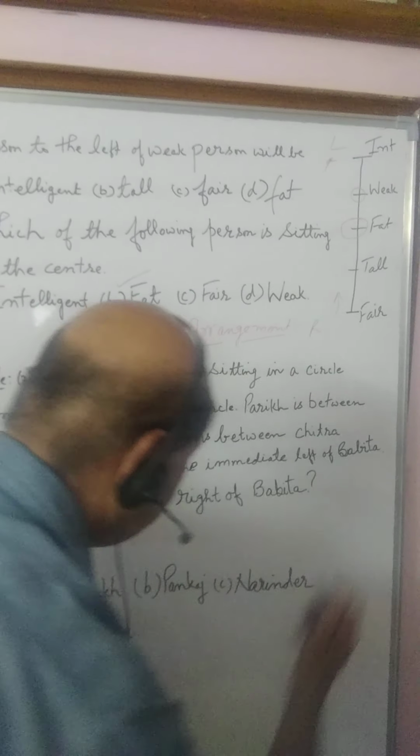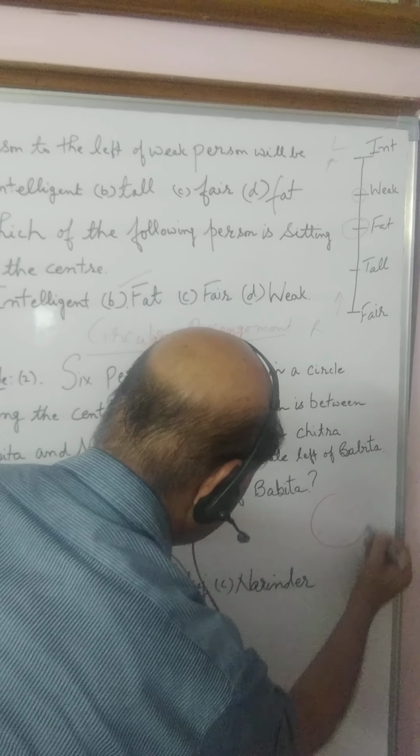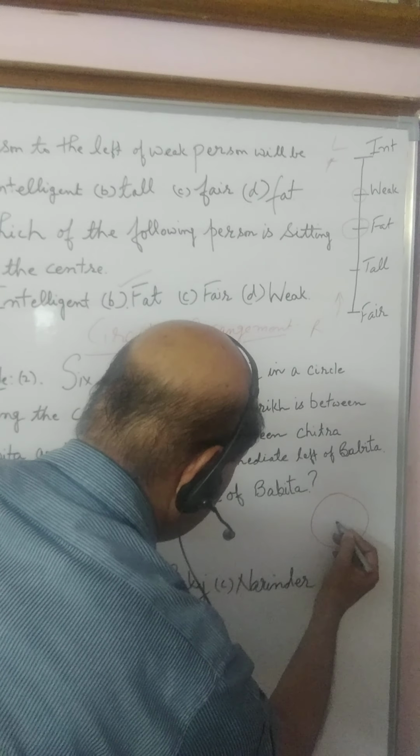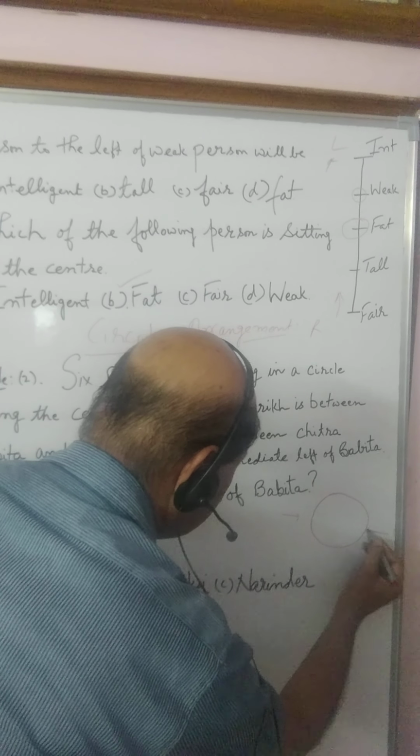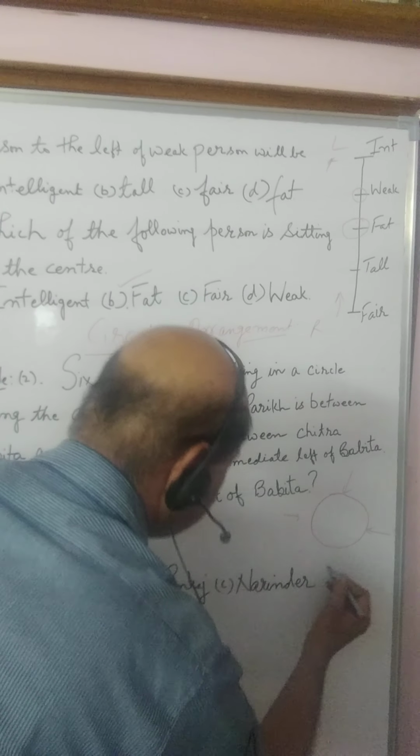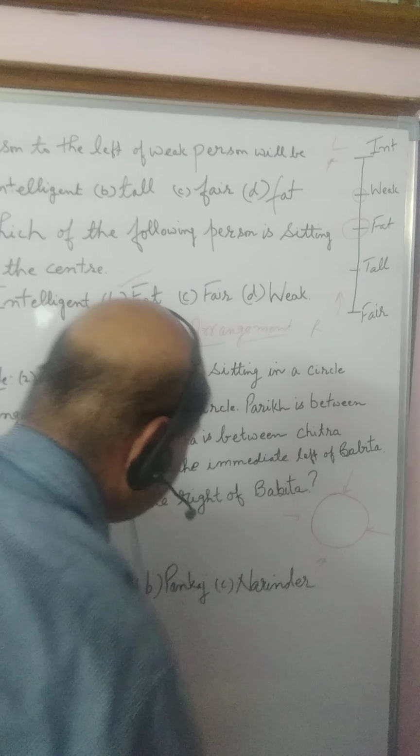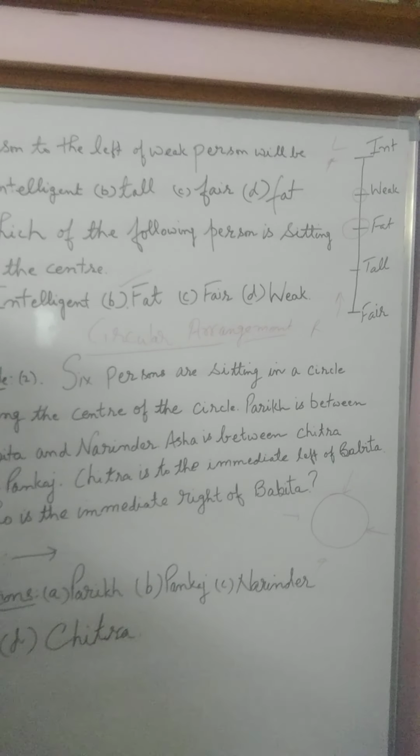It may be 4, 6, 8, 9, or 12 persons. There is no difference in solving these questions whether the number of persons is less or more. Whatever is given in the question, we have to follow it completely.